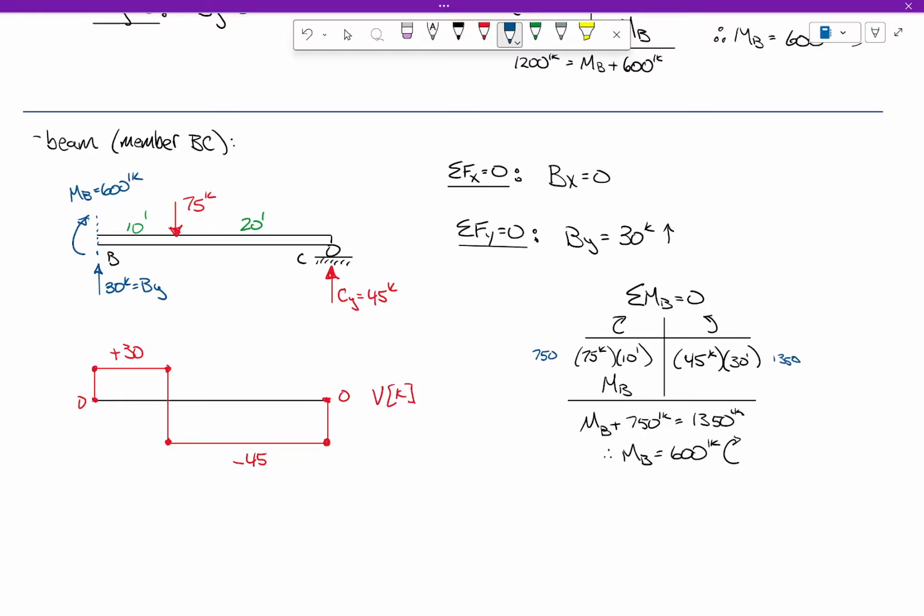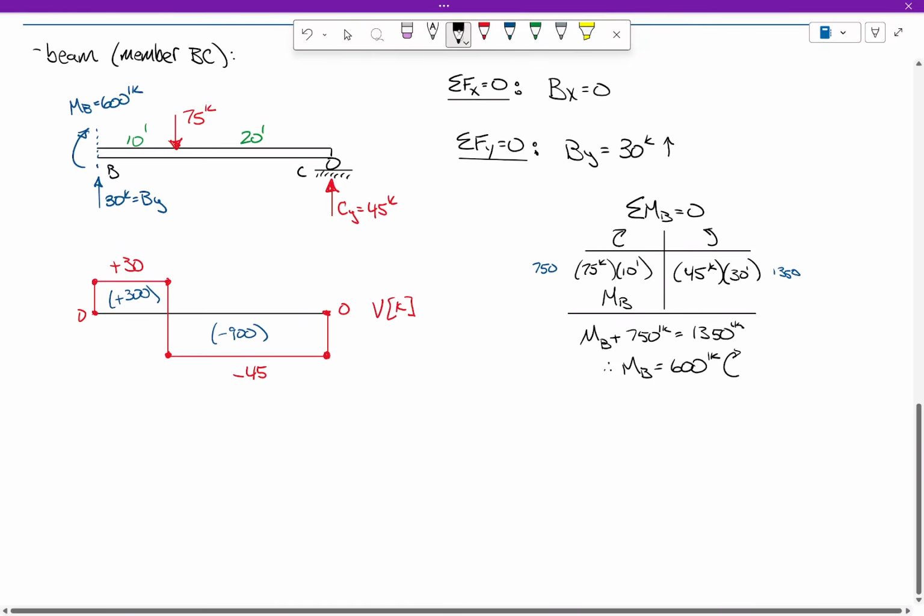Is it okay that I did that kind of quickly? Just up 30, over, down, over, up. Right? So if I integrate this, this is positive 300. This is negative 900.